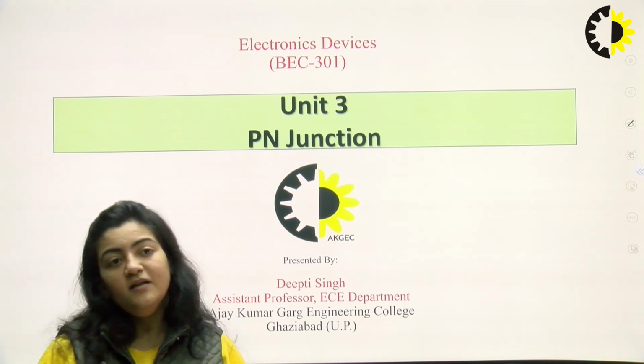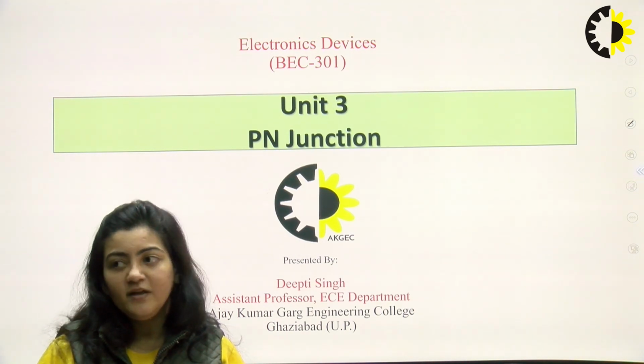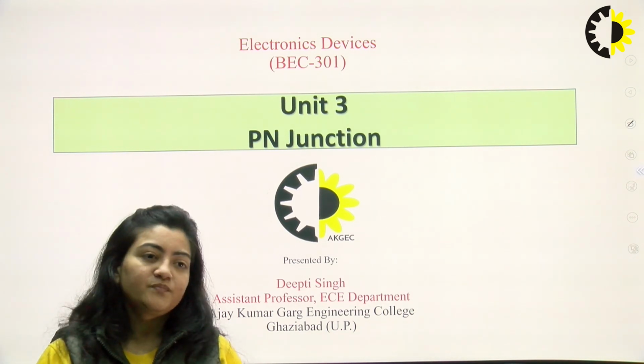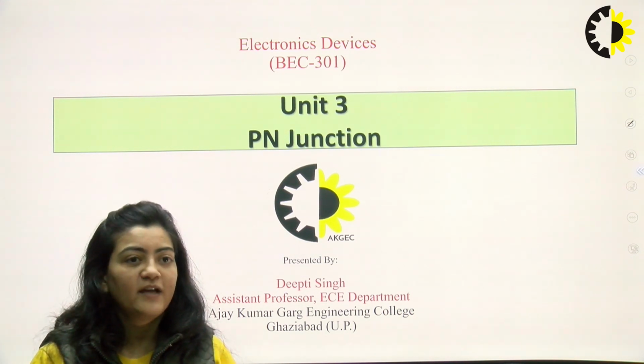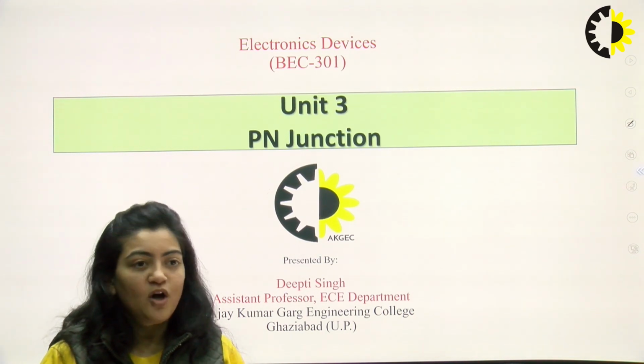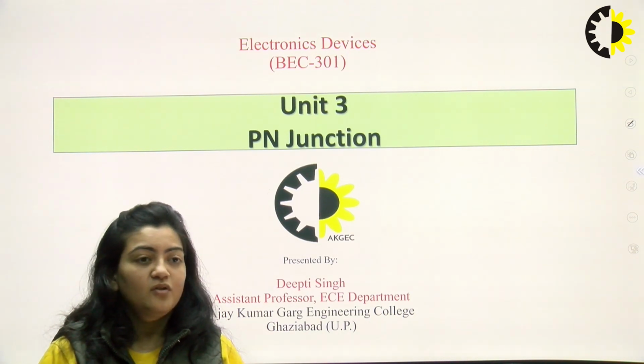Now moving towards how you can make an application of semiconductor devices. For the application, we already know the biggest application of the semiconductor device is the manufacturing of a diode, which is a very small scale device.